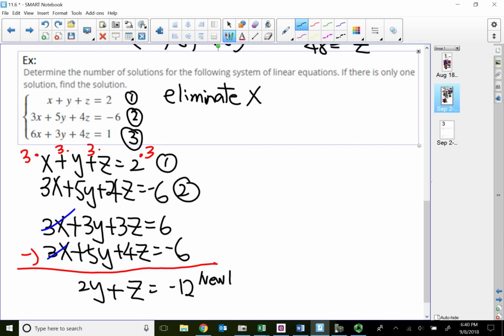All right, now let's pick the second and third equations, because I need to come up with another one. If I eliminate x, then my equation should only have y and z. So we have to make sure the first two things we do eliminate the same variable. Pick 2 and 3.